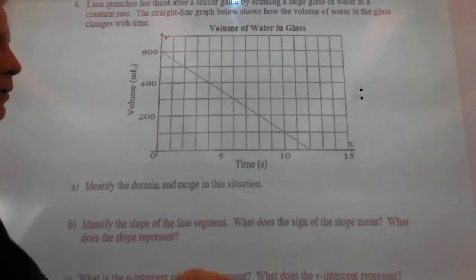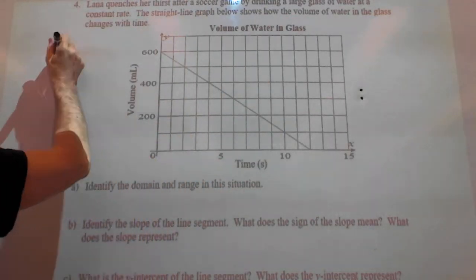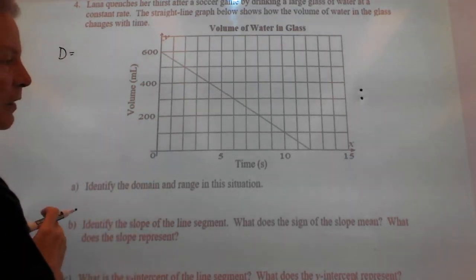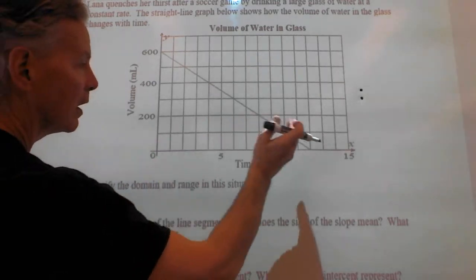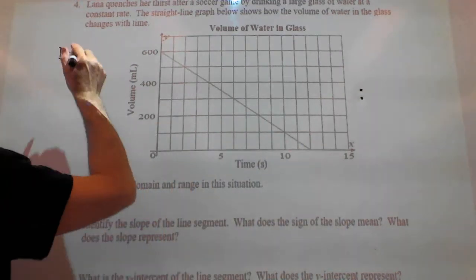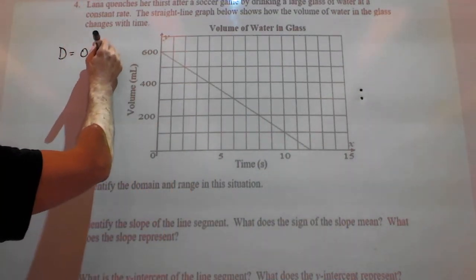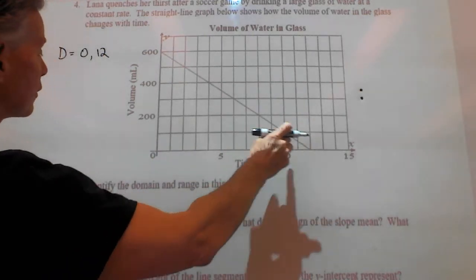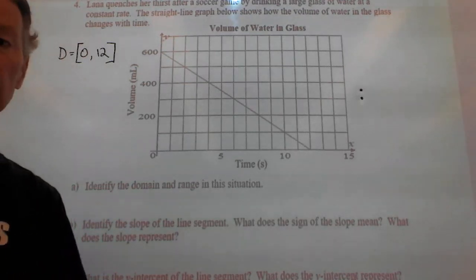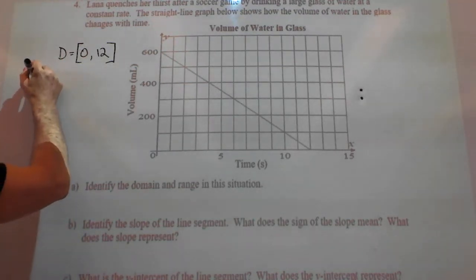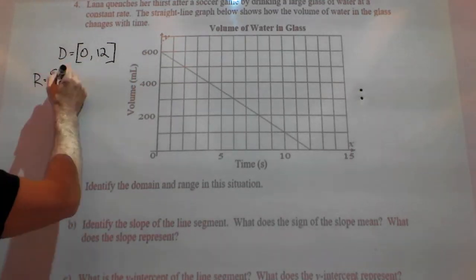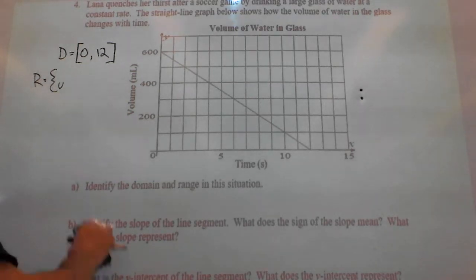Well, we'll use interval notation for the domain. And remember, interval notation is nice and easy. It's just your smallest and largest values, which in this case are 0 seconds and 12 seconds. If those values are included in the relation, we use square brackets. For the range, we'll use set builder notation, squiggly bracket, and may as well use the right variable.